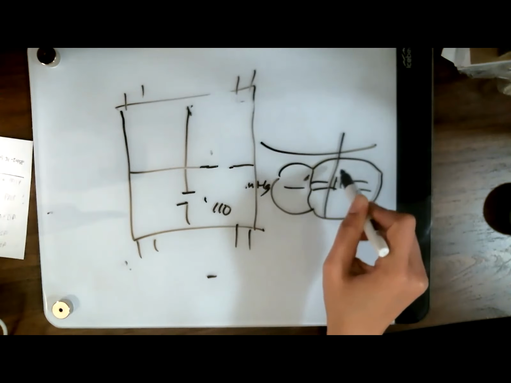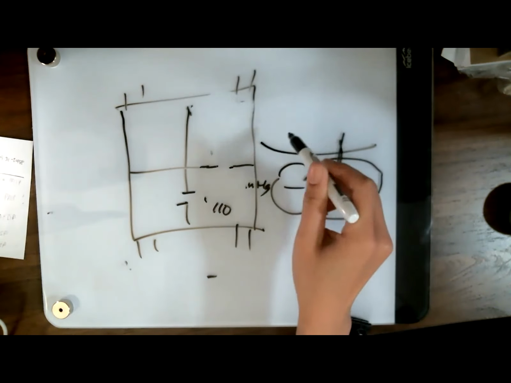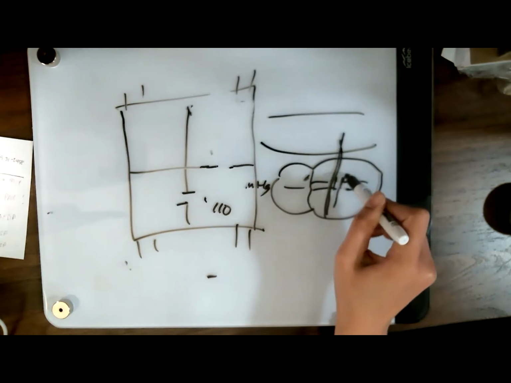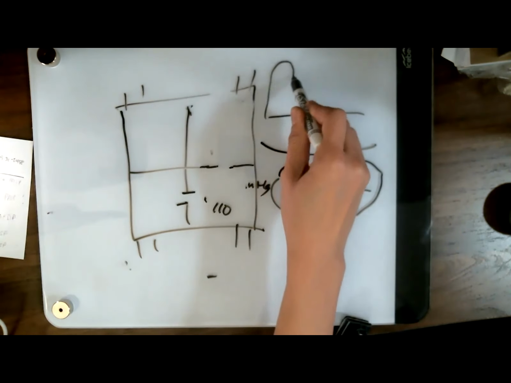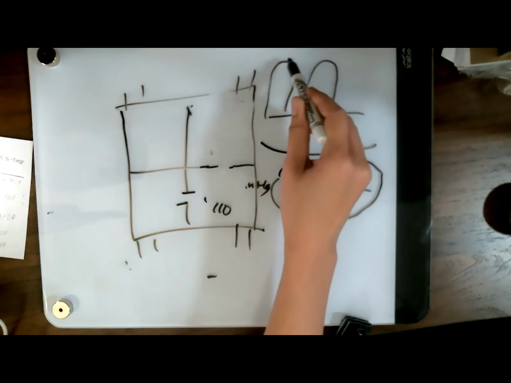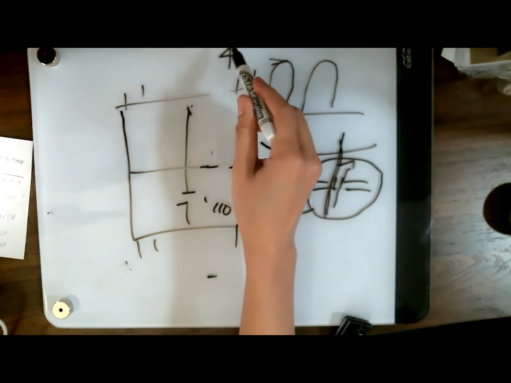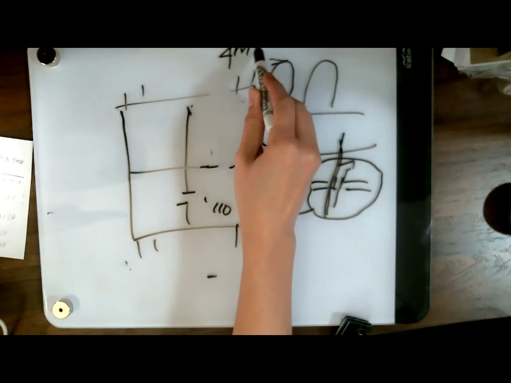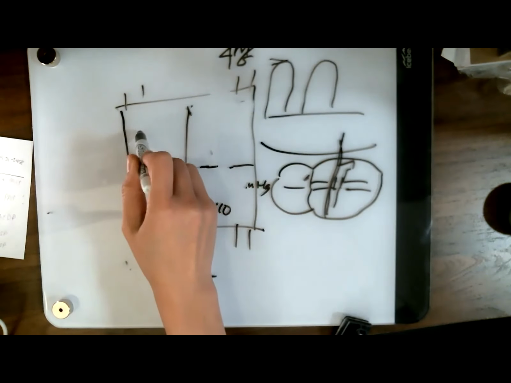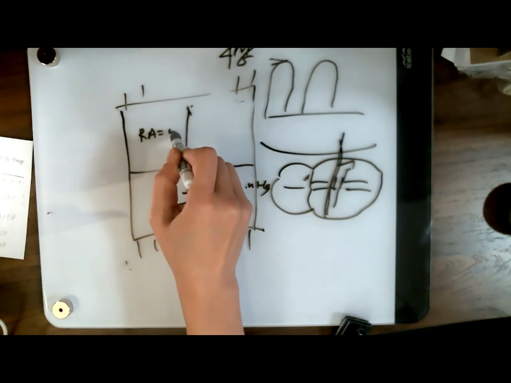You're Dopplering this way, so your flow is going from here to here, and your flow kind of looks like this. Say that velocity is 4 meters per second. And RA is 5.